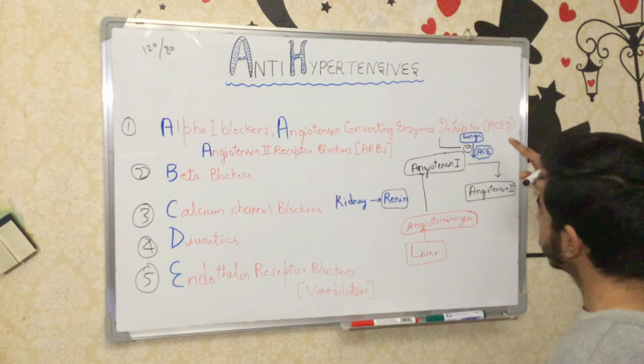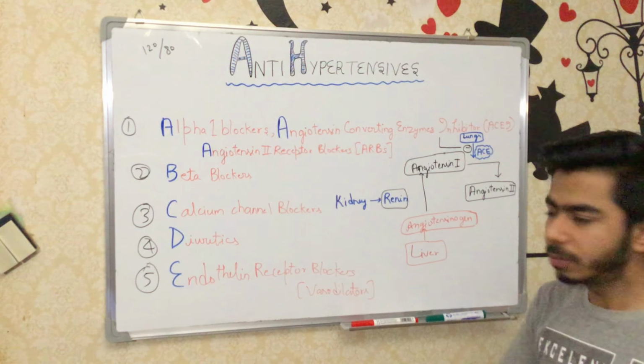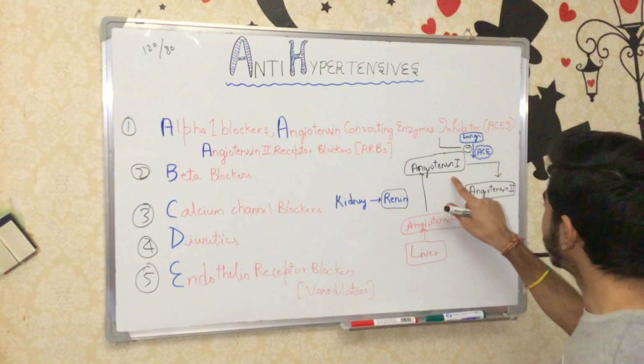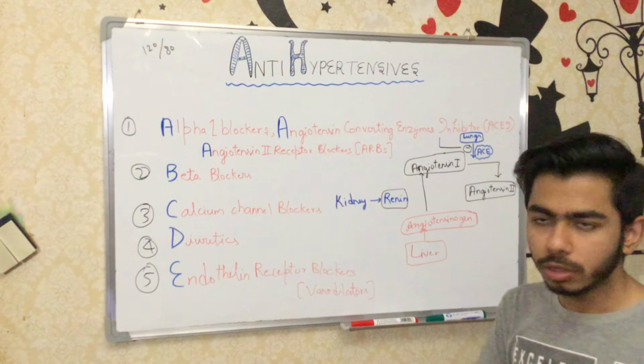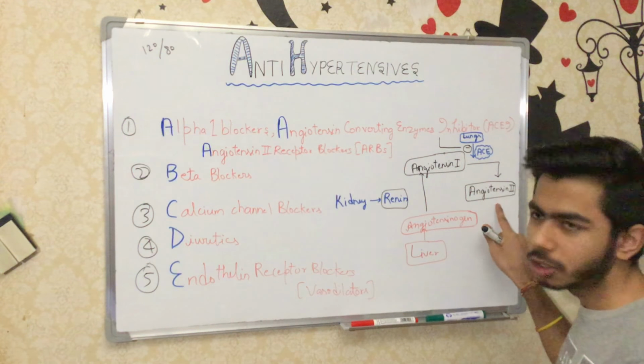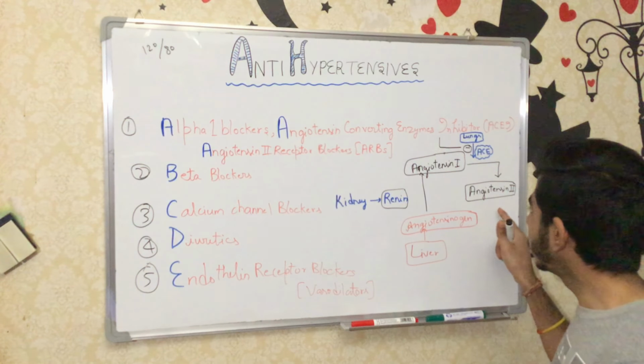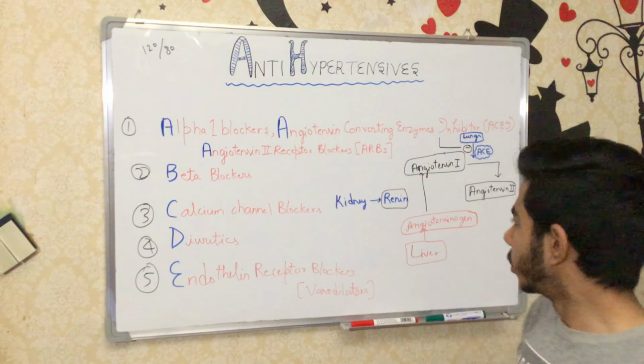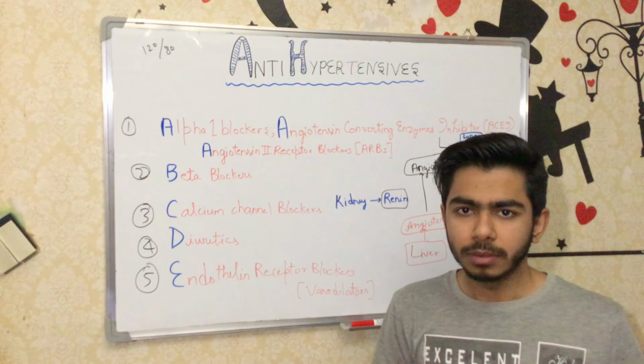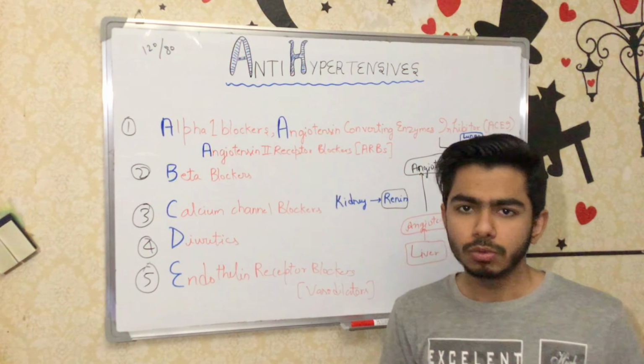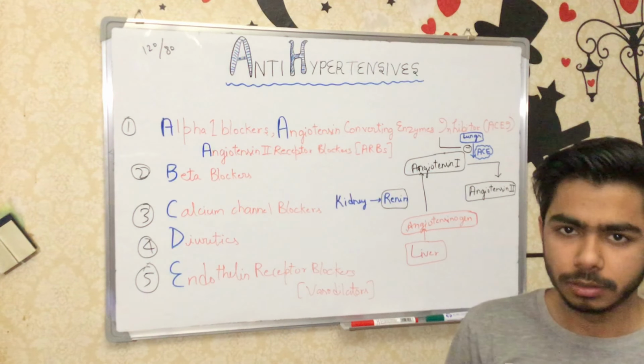As the angiotensin converting enzyme will be inhibited, angiotensin 1 will not be able to convert into angiotensin 2, and if there is low angiotensin 2, it will not be able to bind to its receptor very efficiently, which further leads to decreased blood pressure.